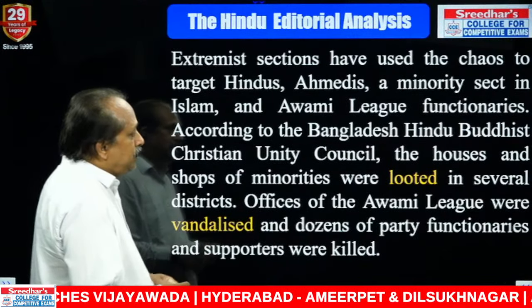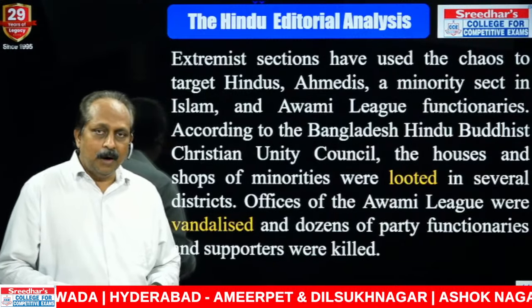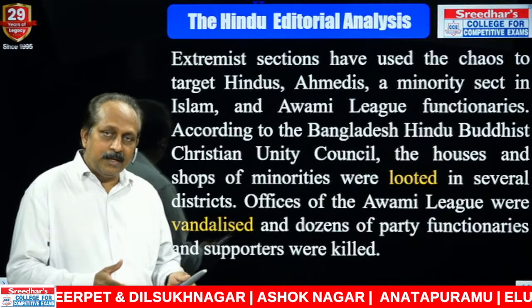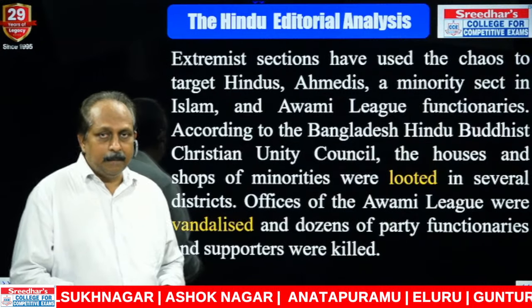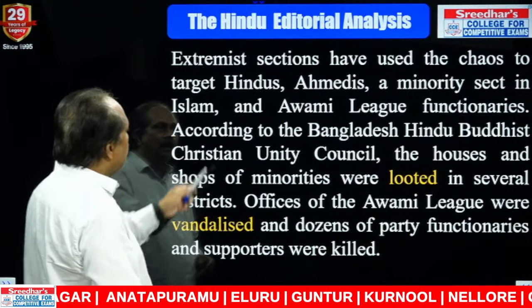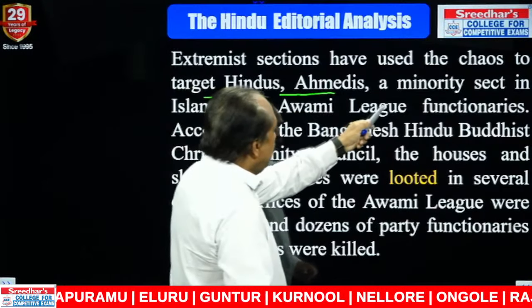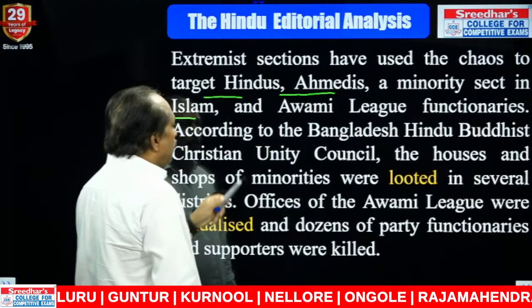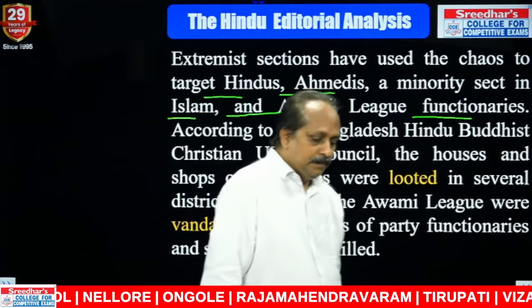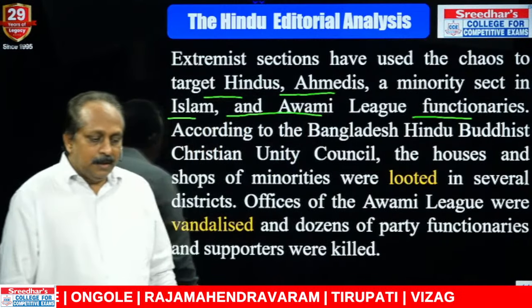Based on this situation, some people try to take advantage. So these sentences talk about what exactly happened based on this chaotic situation. Extremist sections have used the chaos to target Hindus, Ahmadis, a minority sect in Islam, and Awami League functionaries, meaning those who work for the party. They started attacking.